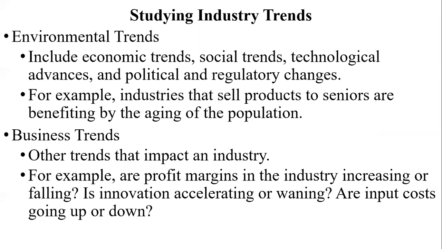In terms of studying industry trends, it can be generally put under two main themes, which are environmental trends and business trends. So when we talk about the study of environmental trends, we basically refer to all the PESTLE factors that fall within a business environment. And these include economic trends, social trends, technological advancements, political and regulatory changes, and so on and so forth.